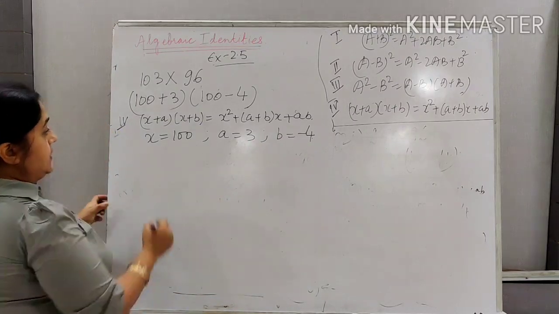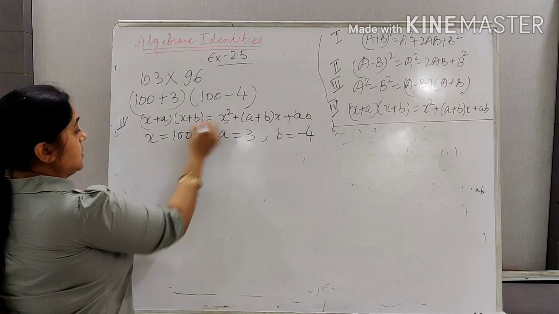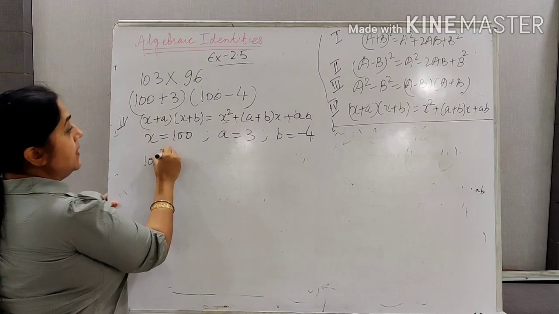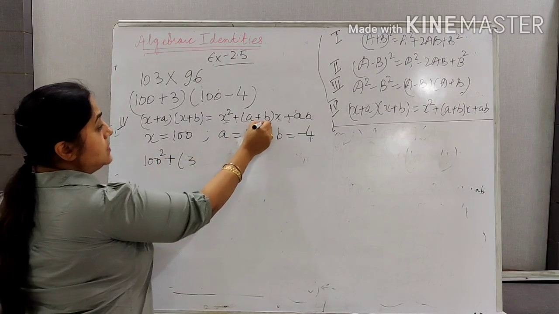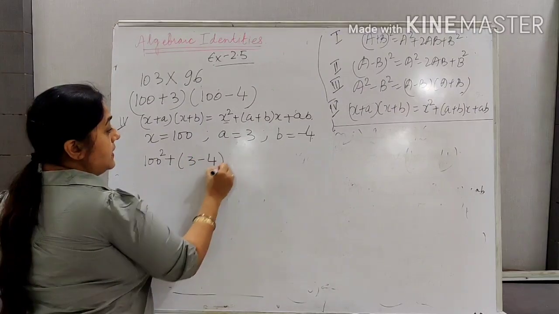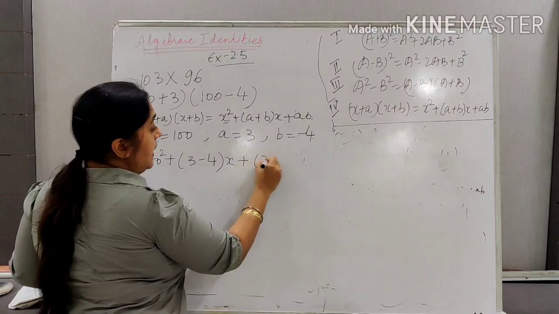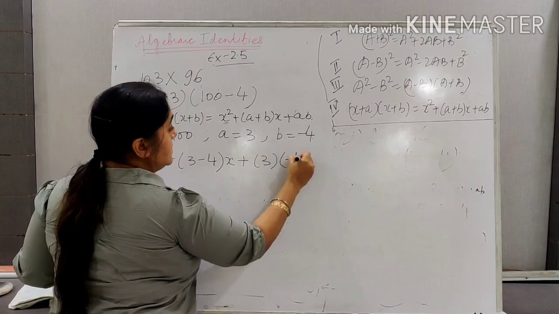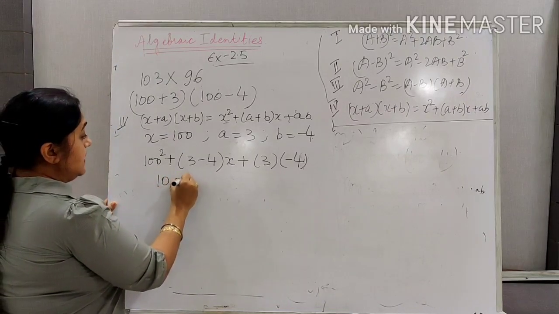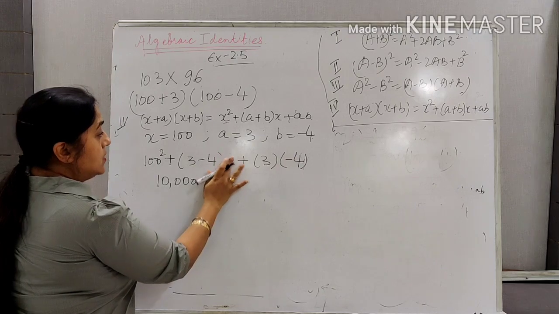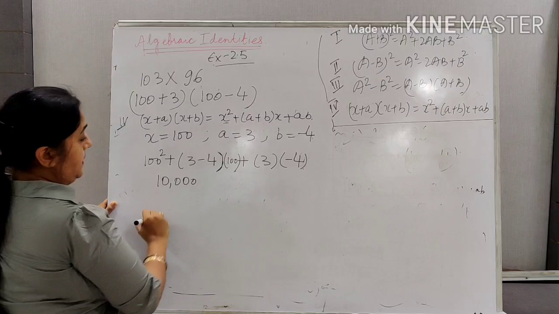So how will you do this question? You will use this only. It is x square, which means 100 square, plus a, which is 3, plus b, which is minus 4, into x, plus ab, where a is 3 and b is minus 4. So what do you get? You get 10,000, and instead of x we write 100.